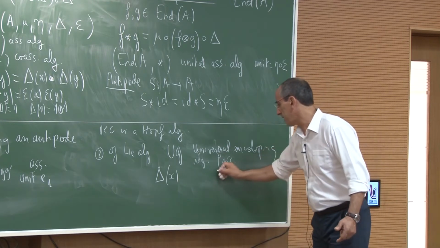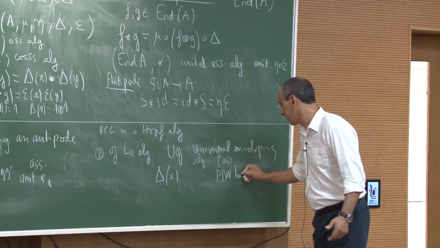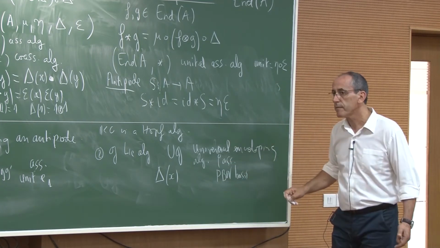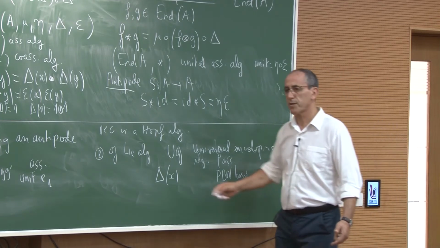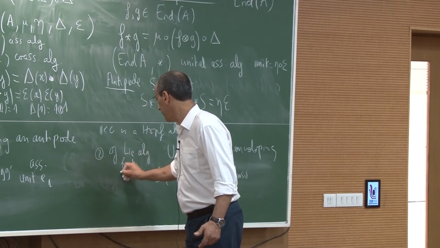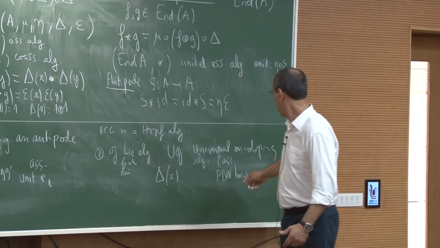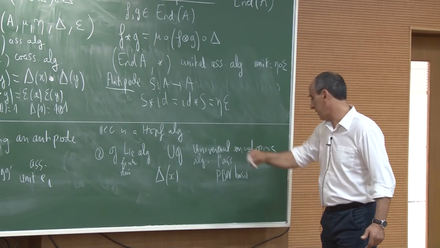It's called the Poincaré-Birkhoff-Witt basis. So this theorem is true regardless of whether G is finite dimensional or infinite dimensional? Finite dimensional. Okay, finite. Then let's consider that x1, ..., xn, it's n-dimensional.